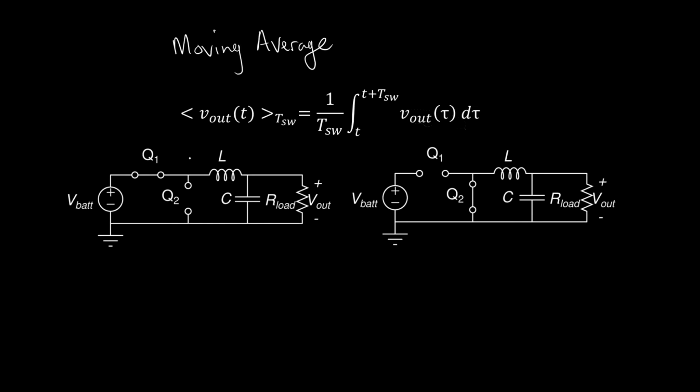Cool, so the way this buck converter works, just to remind you, we have two states. The first state occurs when time is between 0 and D times Ts, where D represents our duty ratio, the pulse width of the square wave that we were constructing.